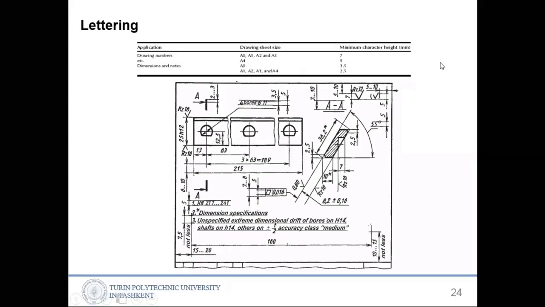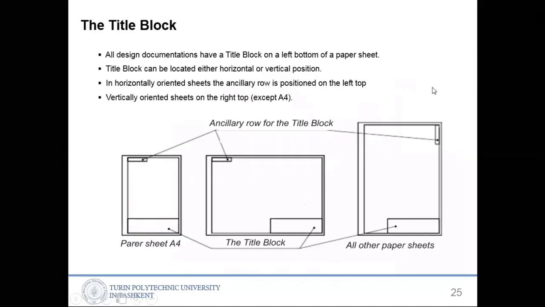If you have A0, A1, A2, or A3 sheet sizes, the minimum character height should be 7. Similarly, we have to follow rules for lettering, for drawing lines, and for dimensioning.